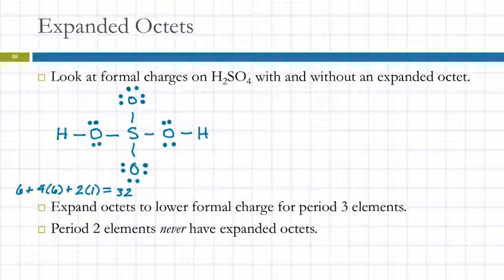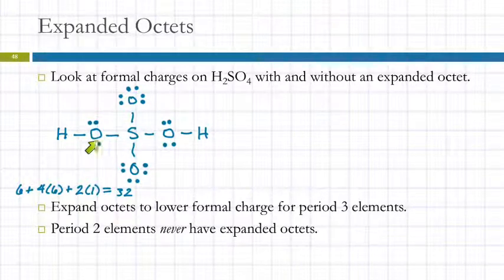Let's look at the formal charges. Hydrogen always has a formal charge of 0. What's the formal charge on this oxygen? Six minus 6, 0. This one's going to be the same because it's the same arrangement.